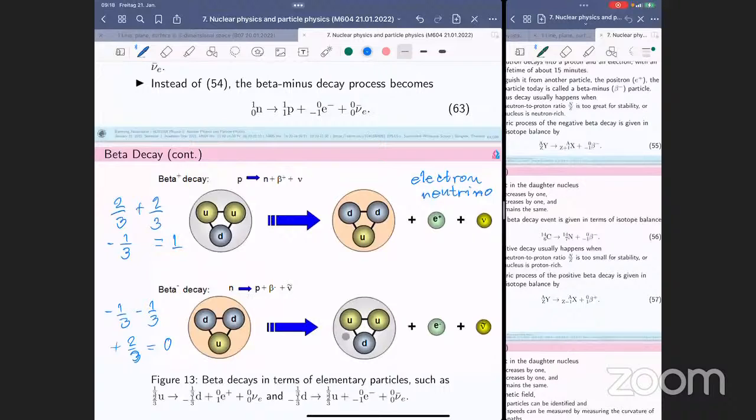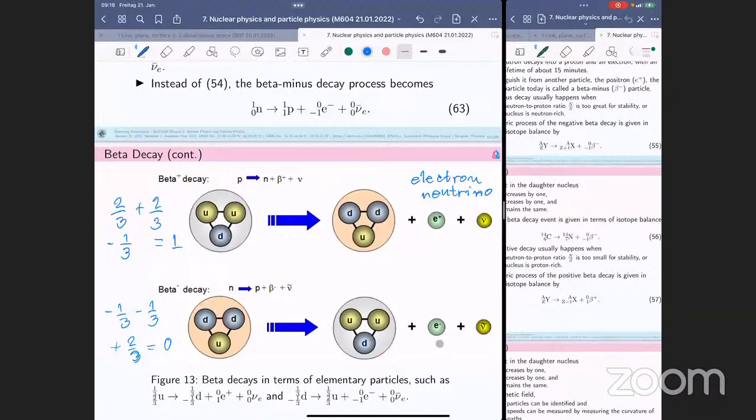A neutron turns into a proton, and one down quark turns into an up quark, and we get a proton. And during this emission, an electron is emitted, so that the whole process still remains neutral. The neutron has no charge, but this one has plus, so that's why we get one proton as the outcome.